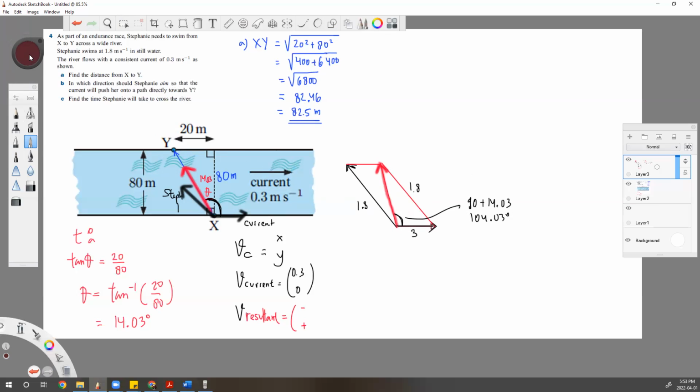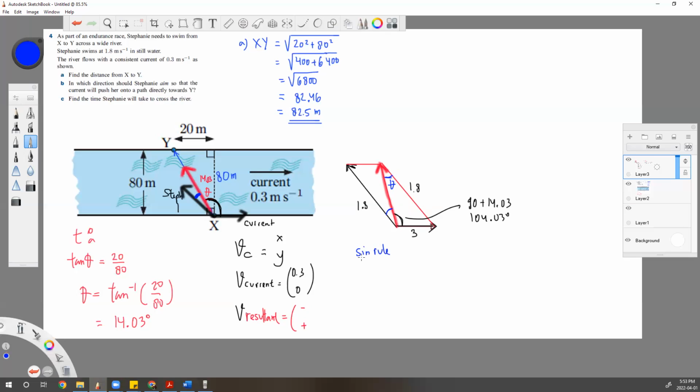You are finding this angle, right? This is equal to this because they are alternate angles. So you can focus on one triangle on the right side and use the sine rule.